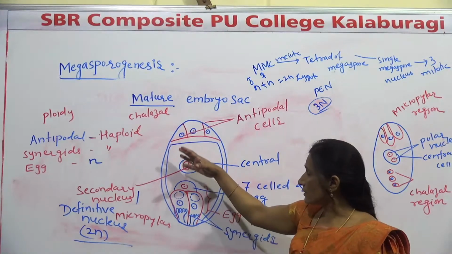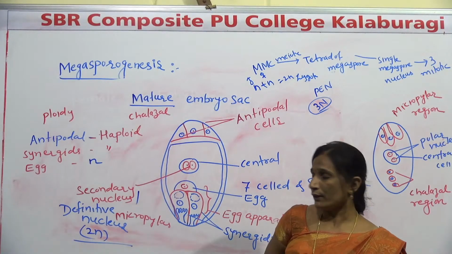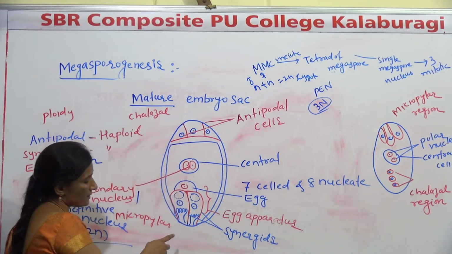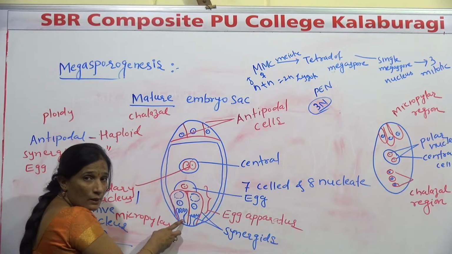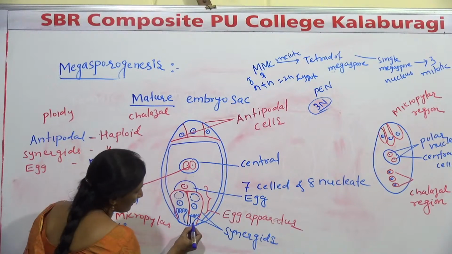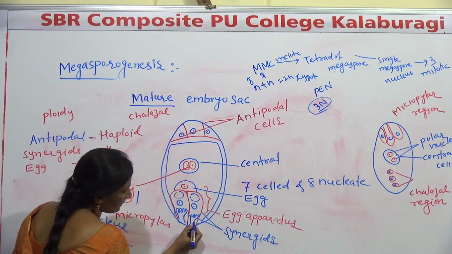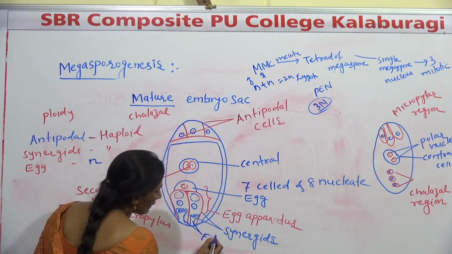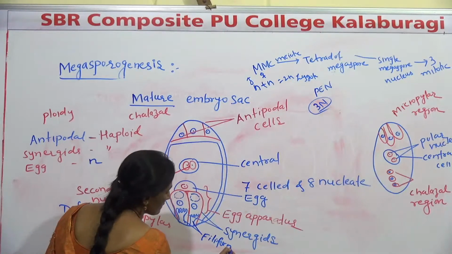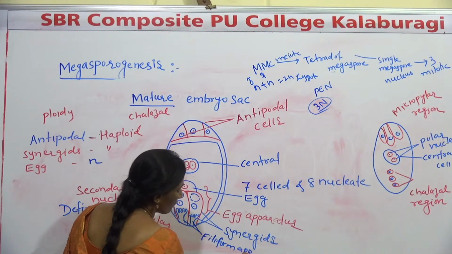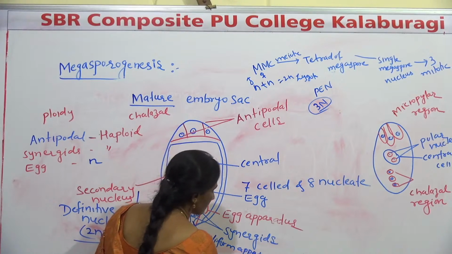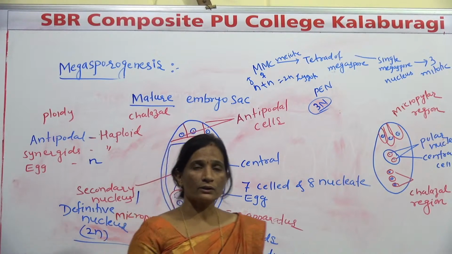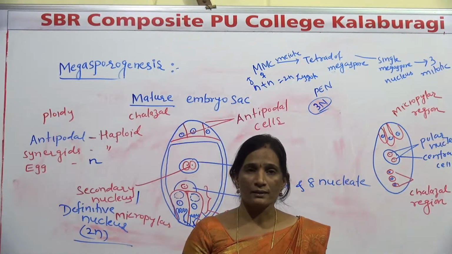So this is the structure, and a very important point is that the synergid contains some cellular thickenings. You are observing these finger-like structures, the cellular thickenings, and they are called the filiform apparatus. What is the function of the filiform apparatus?